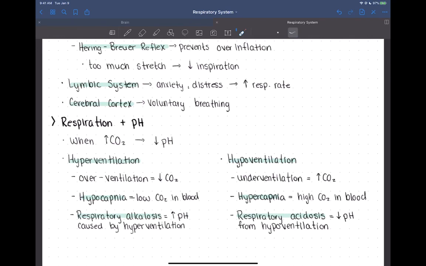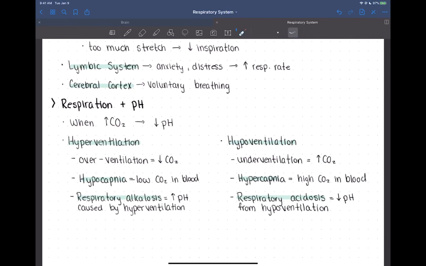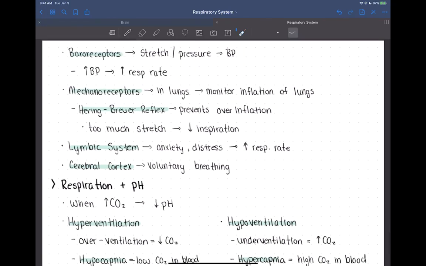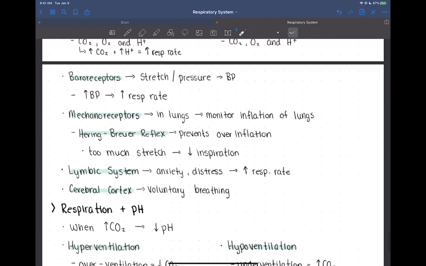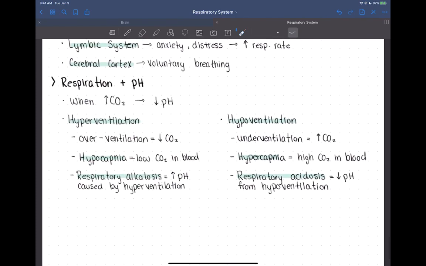Respiration and pH are very closely related, as we saw with our chemoreceptors monitoring hydrogen. pH and respiration are very interdependent, because as CO2 increases, the pH will go down.